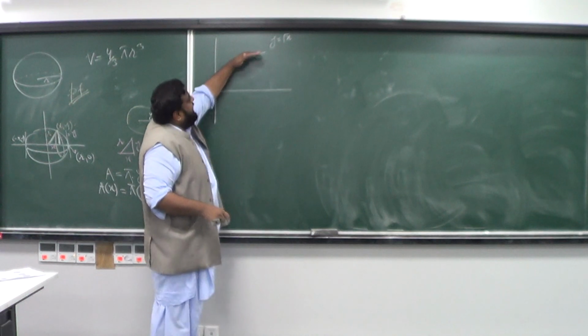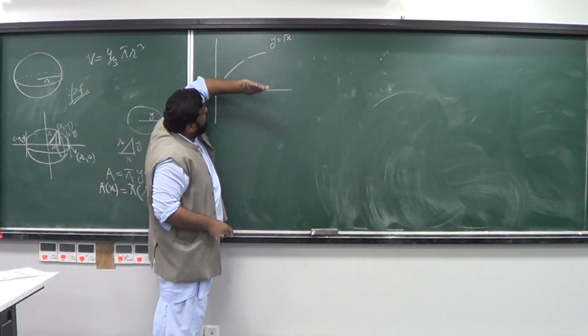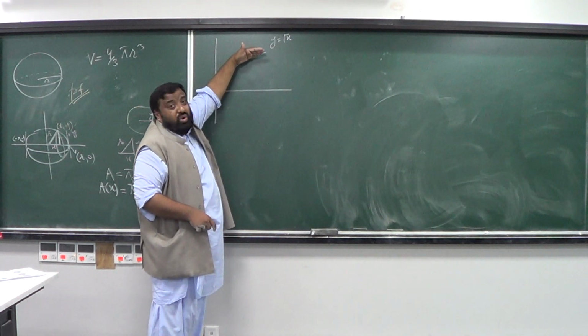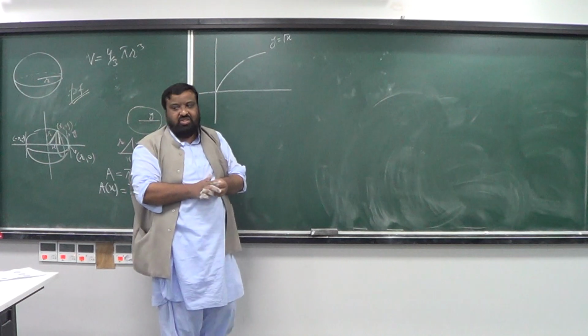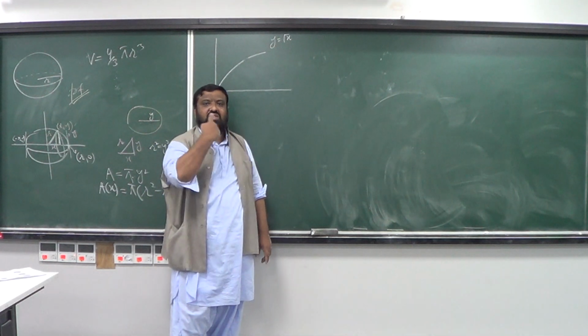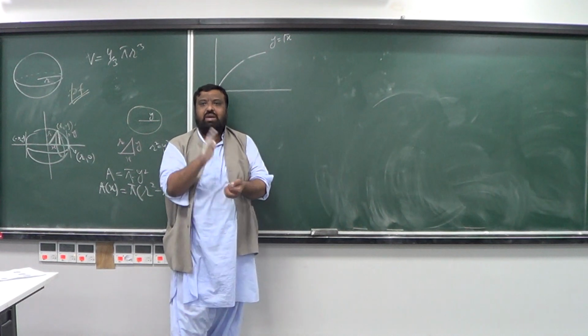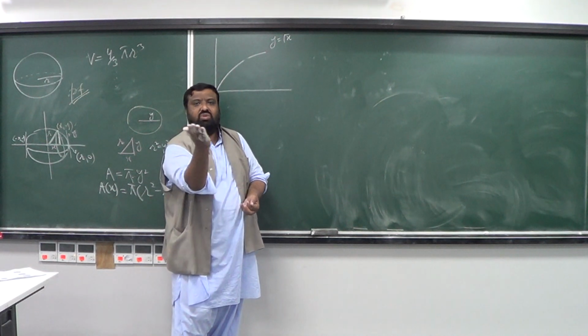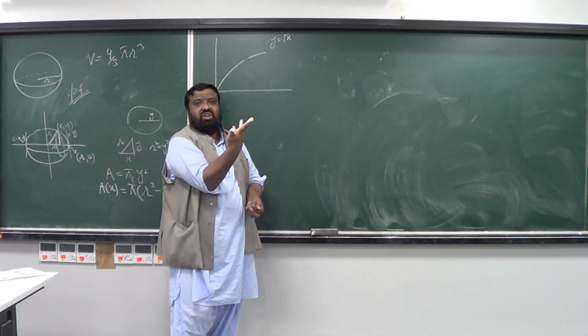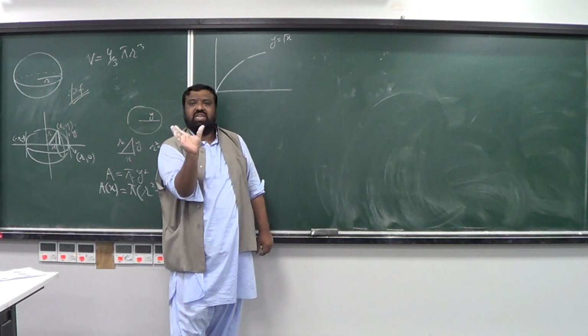When you take this stick and rotate it around the x-axis, it is going to create what you call a volume. When I take this curve and rotate it around some axis, it makes a shape.